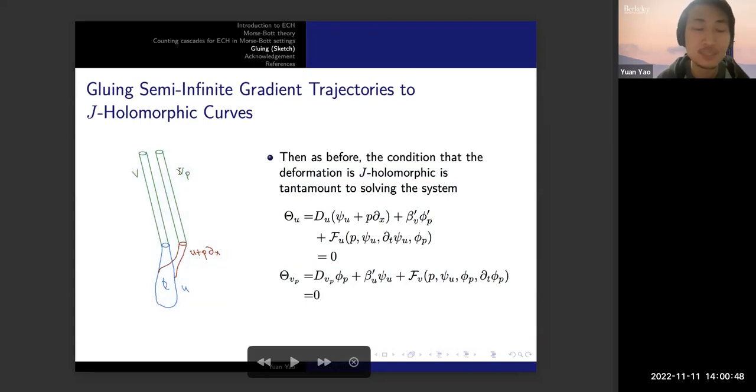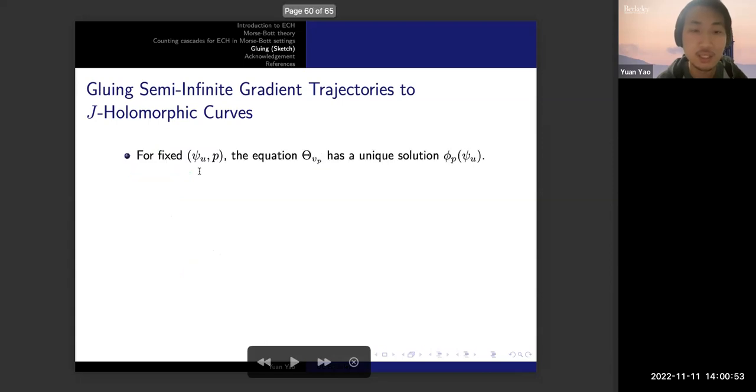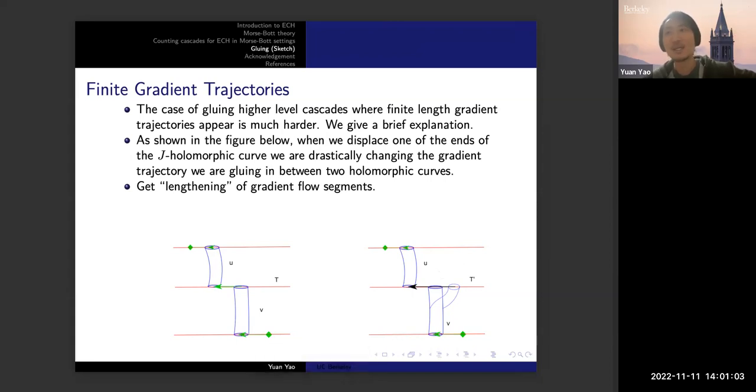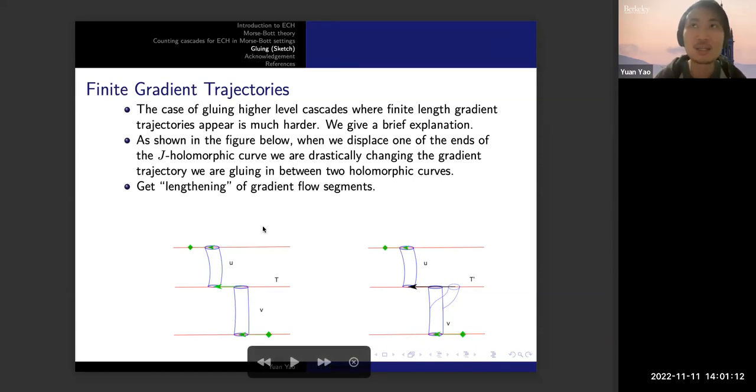It's still some semi-infinite gradient flow. But when you have finite trajectories, you have this picture here. When you move one of the ends of V, the gradient trajectory, you have to pre-glue between them. It's actually drastically lengthening and shrinking when you vary the pre-gluing over both sides, of size like 1 over delta as delta goes to 0.